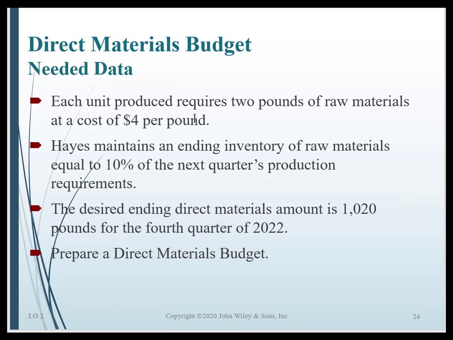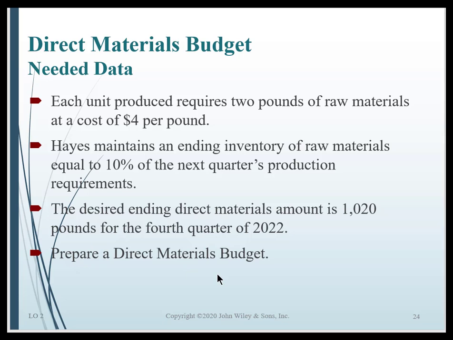Each unit produced requires 2 pounds of materials. That's $4 a pound. We maintain an ending inventory of raw materials of 10% of the next quarter's production. The desired ending direct materials is 1020 at the end of the period in 2022.